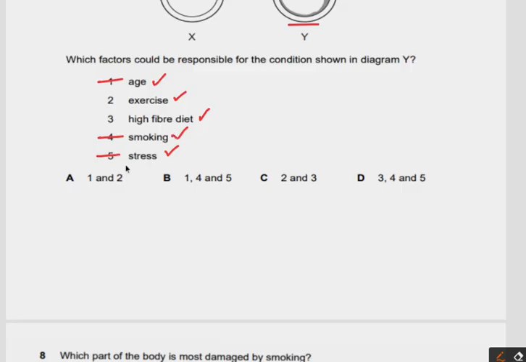They like sitting, and in that way, the fats in the coronary artery accumulate, thereby causing the thickening of the walls of the coronary artery. So age, smoking, and stress are going to cause the thickening of the walls of the coronary artery. Therefore, the answer here is going to be B, 1, 4, and 5. So that is very, very important to understand.